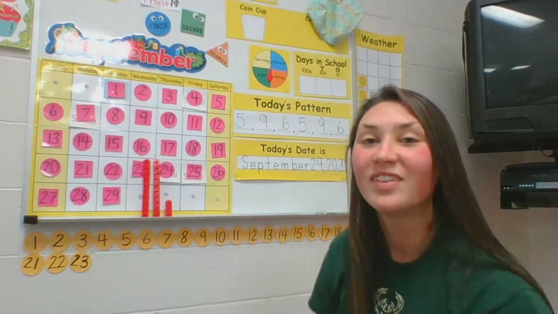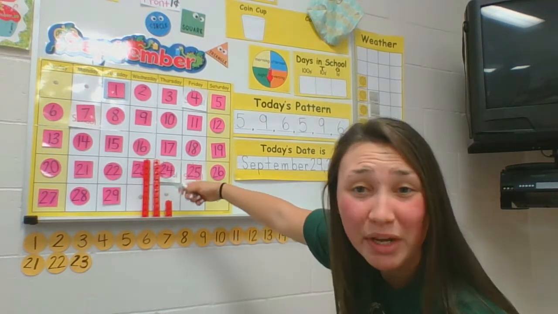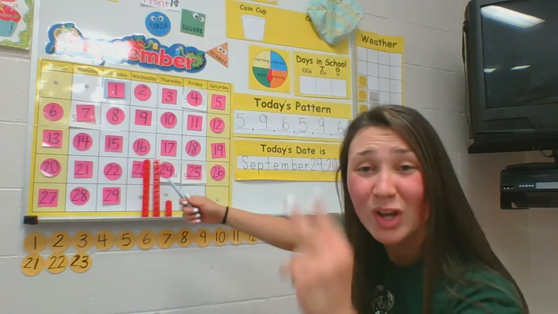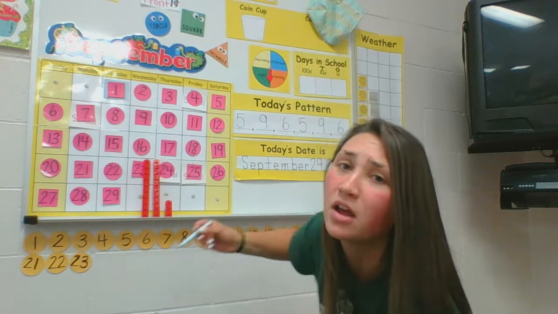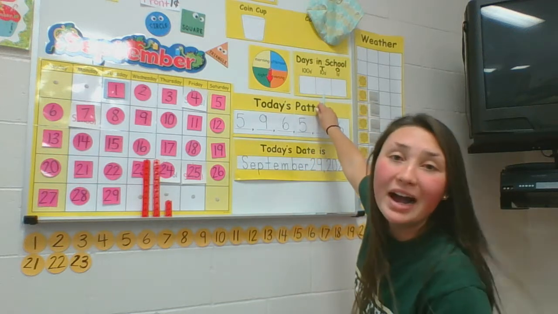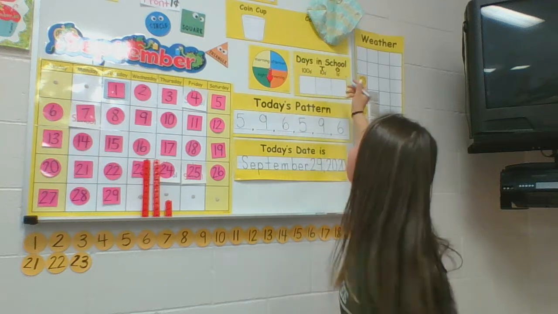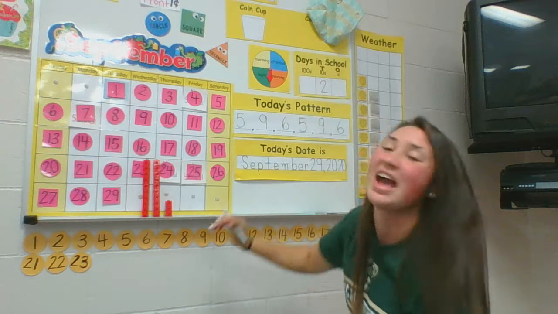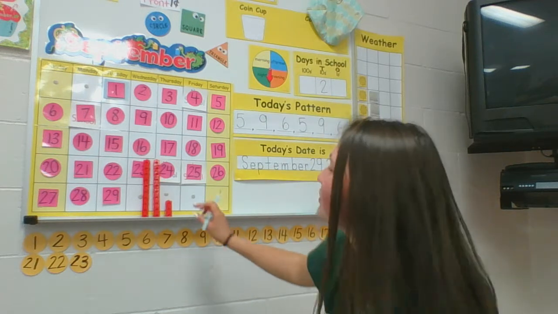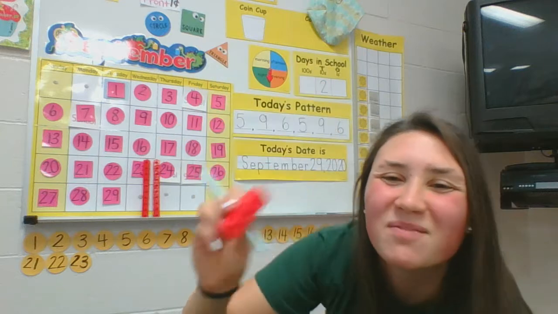Last thing we have to do for our days in school is the days in school chart that's up there. As we said before, how many full groups of 10 is there in 23? 2 full groups of 10. So we're going to put that in this box because it's the tens group. The T is for tens. And how many little baby extras do we have? 3.